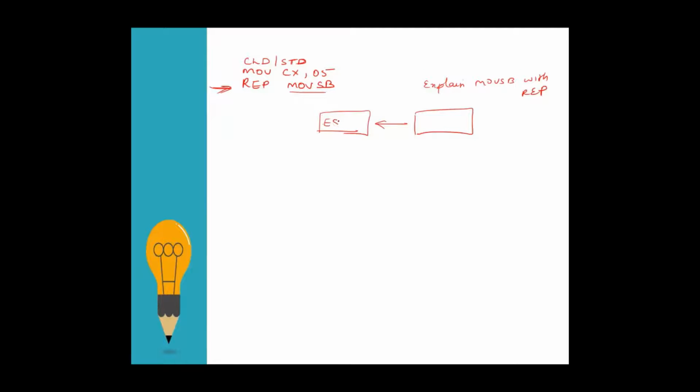ES of DI. ES of DI. Right. Here, DS of SI. So that makes only one byte. And then I have to mention the status of the SI and DI registers. DI will become what?